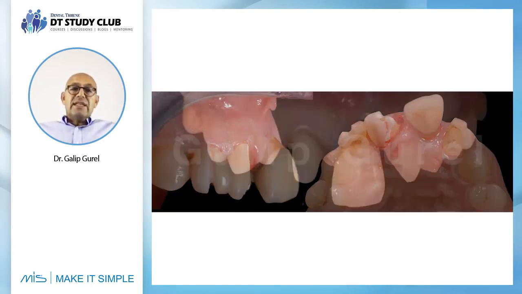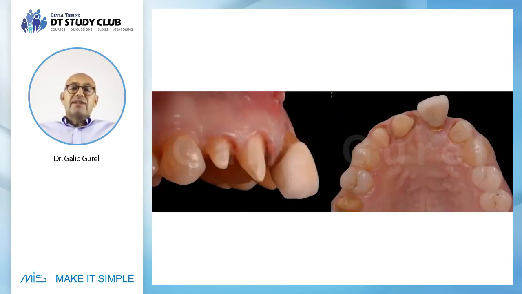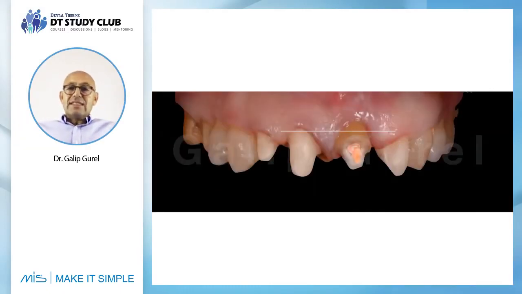So as you can see, step by step, I'm finalizing my preps, and on the central and lateral, we sort of finished the preps, and now it's time for me to deal with this central. Why? Because of its position. Look how protruded that tooth is. It's hypermobile, it's going back and forth, but this is like the most stable position of that tooth. Now, what happens when that's the case?